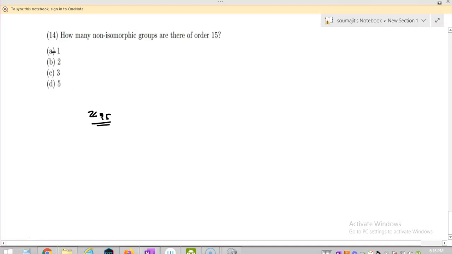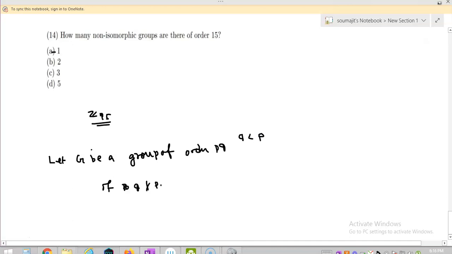Now what do we know? Let G be a group of order pq, where p and q are primes and q is less than p, and if q does not divide p minus 1, then G must be cyclic.